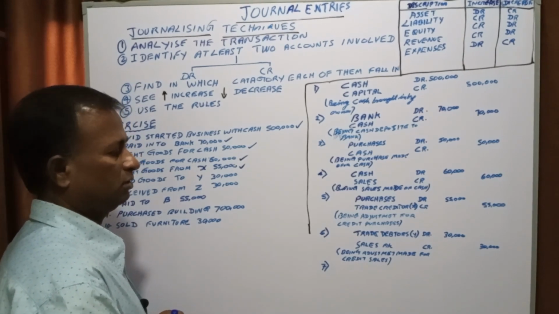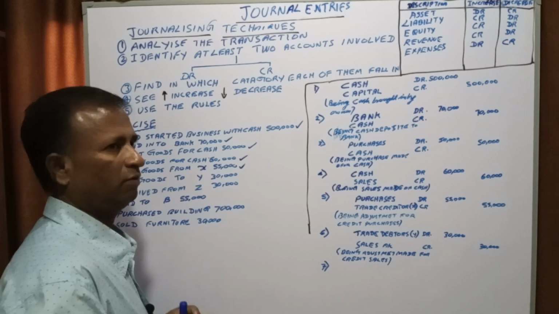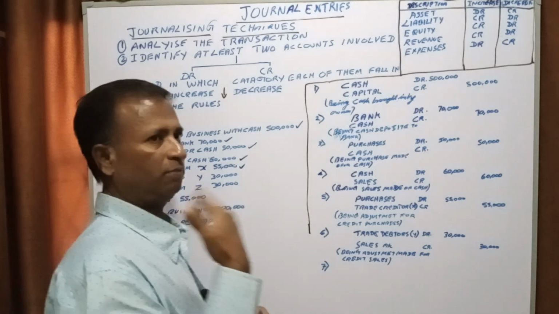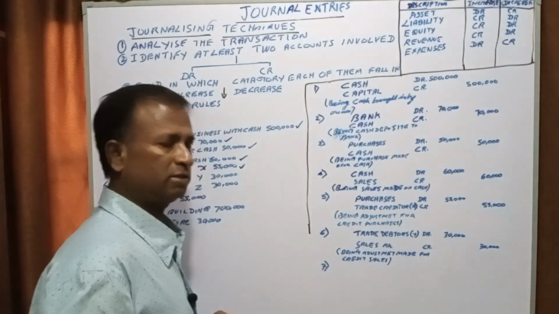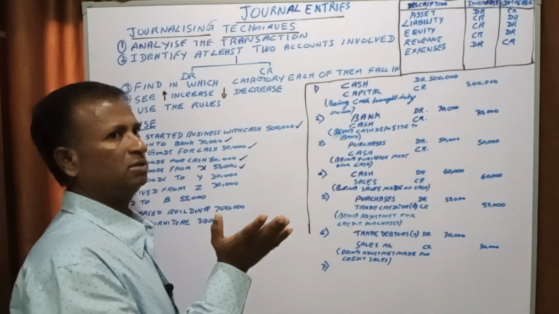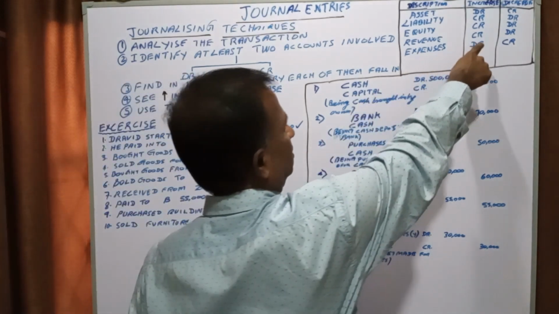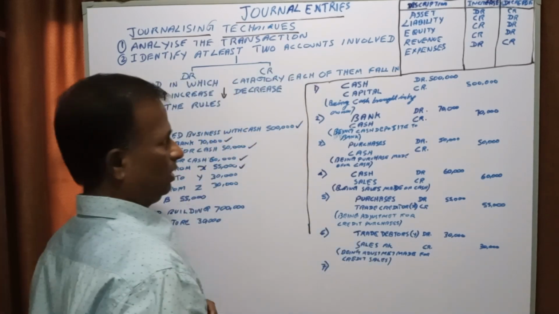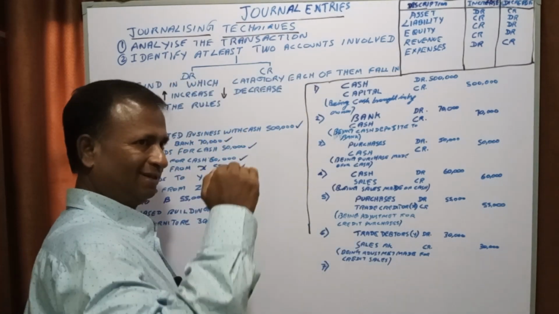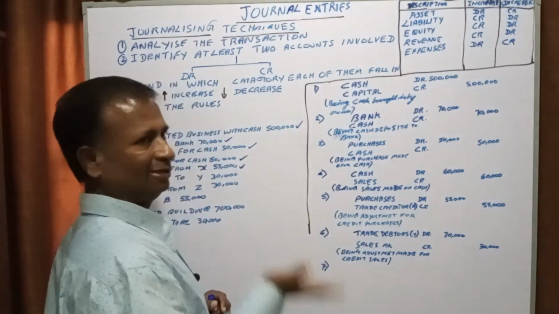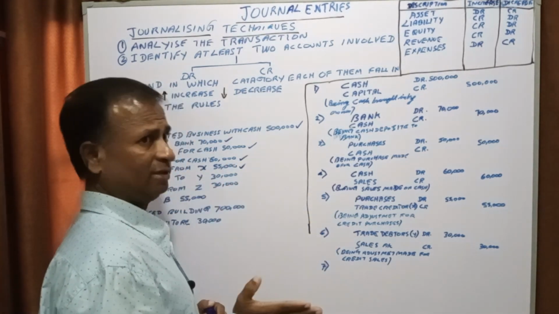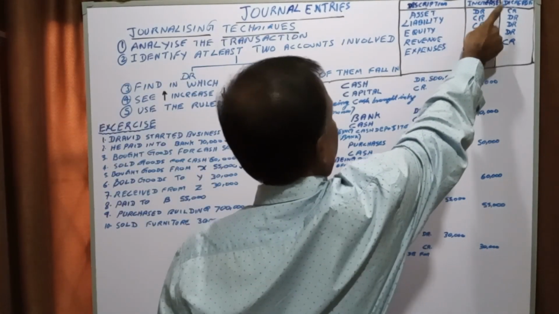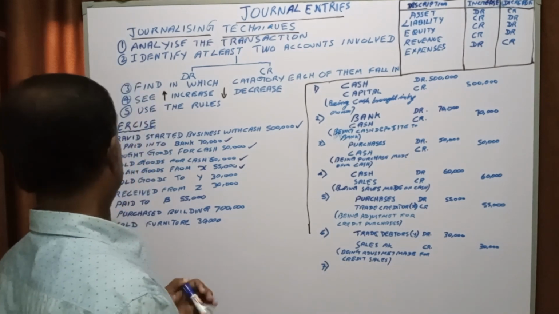The trade debtors, because we have made credit sales, so sales is increasing, means revenue is increasing, then it has to be credited, sales account credited. And debtors are also increasing. Debtors belong to assets, increasing means debit, asset increasing means debit. So that is the thing.